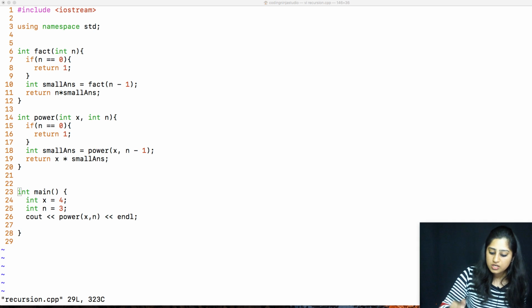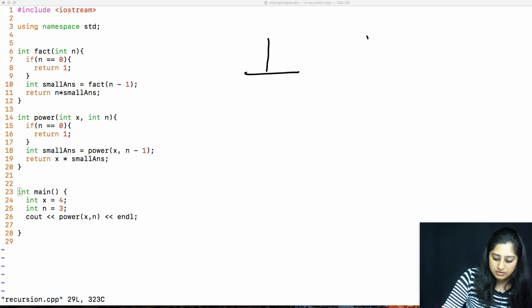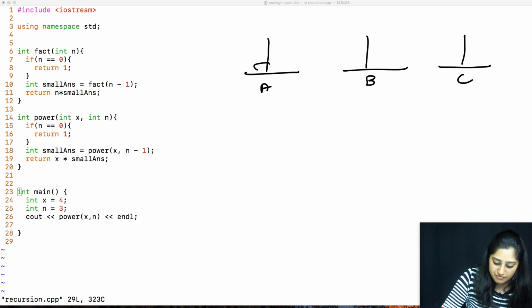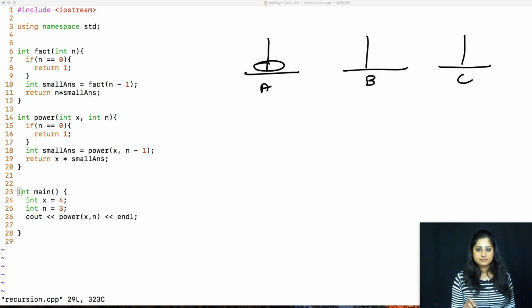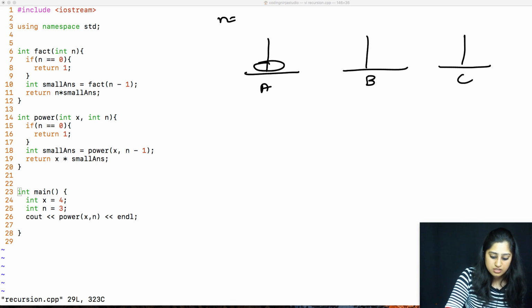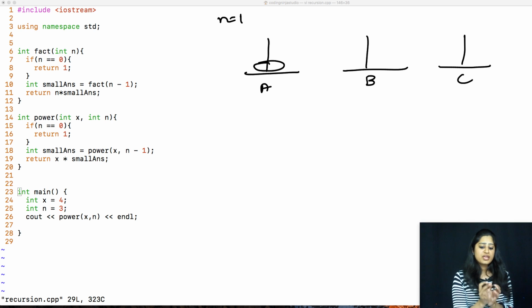Okay. So before thinking about the code and any other stuff, A, B, C. Let's say I just have one disk with me. N is the number of disks. So if N is 1, then what do I actually have to do? I think it is pretty simple for you.